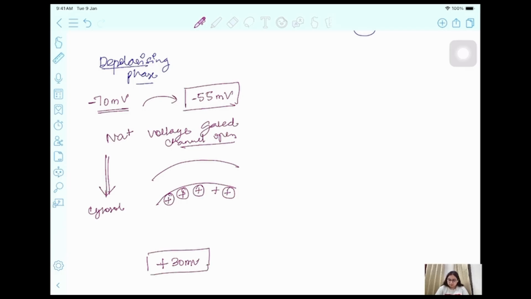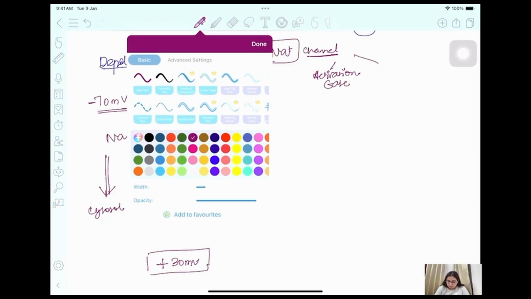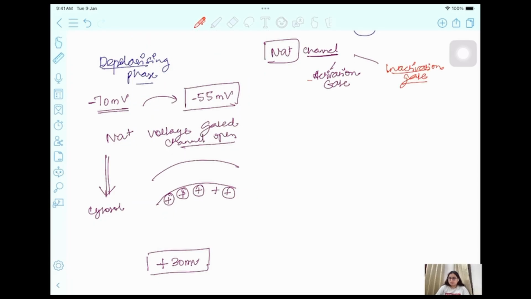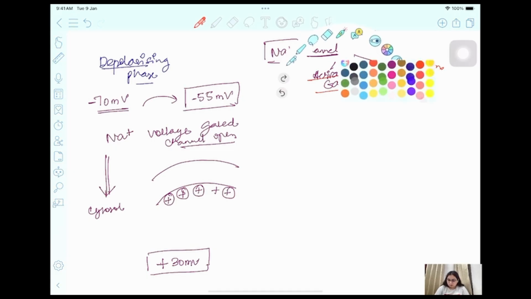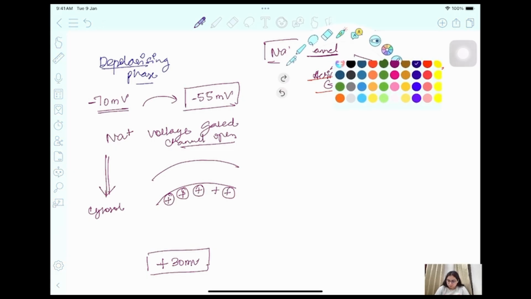Now, at this stage, let's first understand the orientation of the sodium channel. There are two gates in the sodium channel. One is the activation gate and other is the inactivation gate. Now let's understand it using the structure.